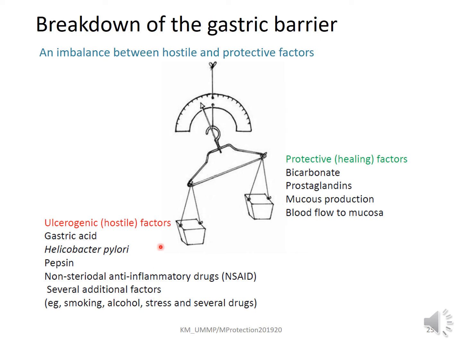Usually under physiological conditions, these protective factors, the good guys, and the bad guys are balanced. But if there is an imbalance between hostile and protective factors, it can lead to breakdown of the gastric mucosal barrier.